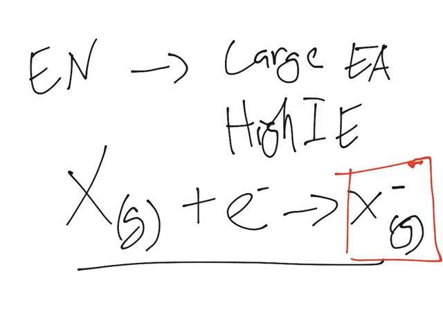And when you think of that again, let's go with the same examples. Chlorine most likely will want to be like that. And fluorine is the most electronegative element in the periodic table. So fluorine has, you could say, a big appetite for electrons. It never gets tired of getting electrons.